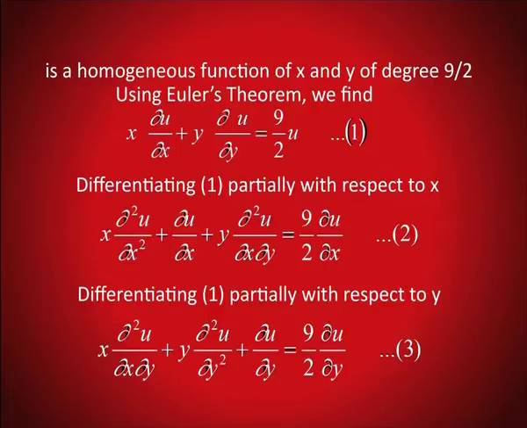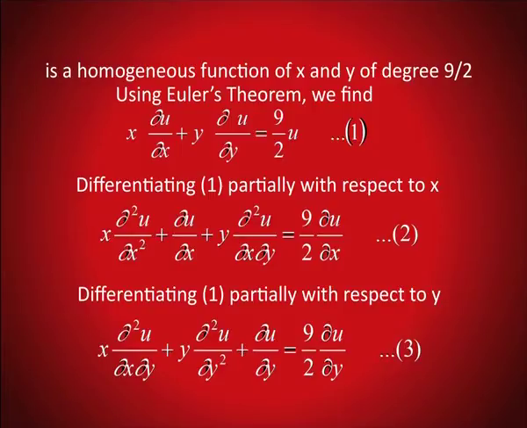While differentiating with respect to x, we kept y constant, but u and ∂u/∂x are both functions of x and y, therefore we differentiate them. Similarly, differentiating equation 1 partially with respect to y, we find x ∂²u/∂x∂y + y ∂²u/∂y² + ∂u/∂y = (9/2) ∂u/∂y.